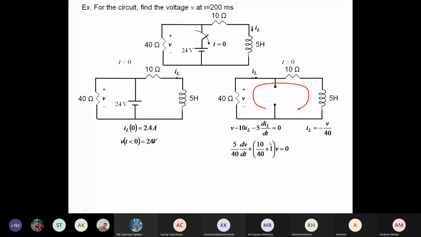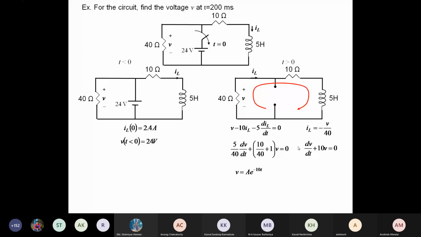Ultimately combining them, you get dV/dt plus 10 V equal to 0. Clear? Yes, sir.